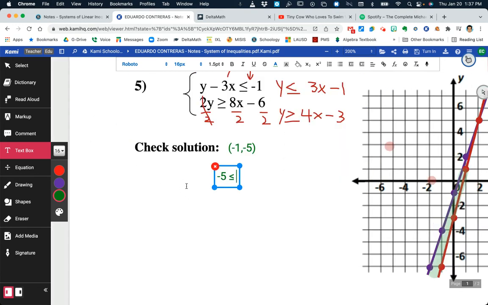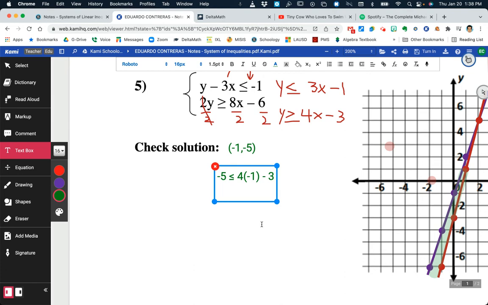Less than or equal to 4 times -1 minus 3. Okay.